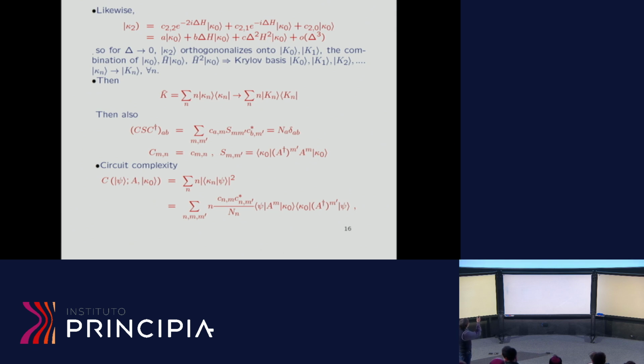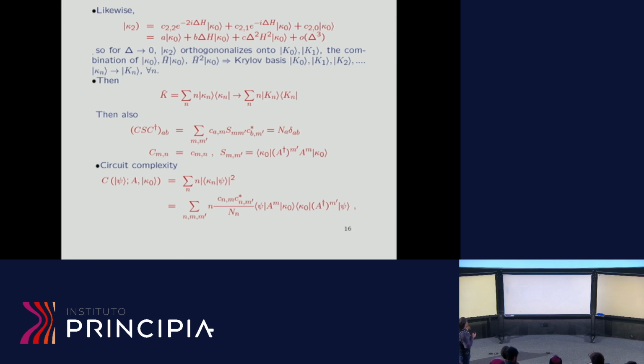For K2, we got a similar picture here, like I wrote over there. And so as we see, K1, K2, kappa 1, kappa 2, and so on, orthogonalize to the Krylov basis K0, K1, K2, and so on.